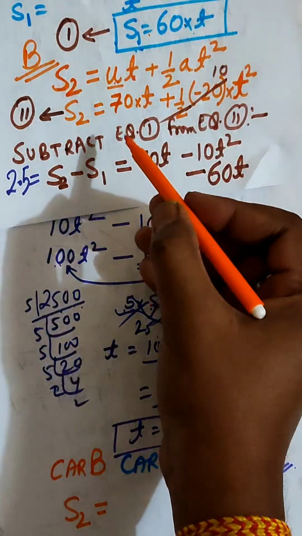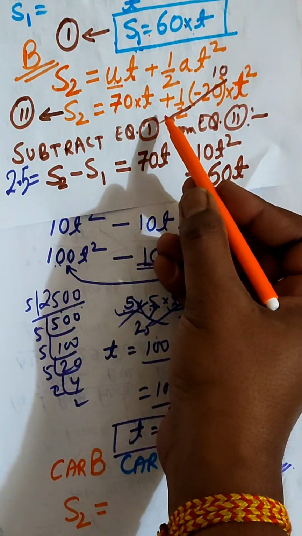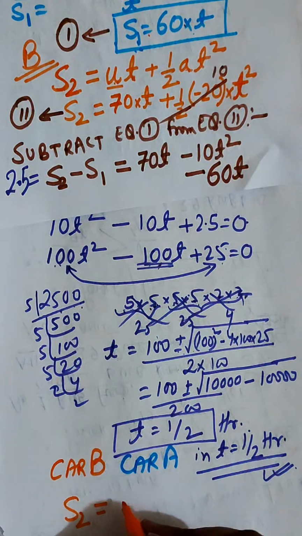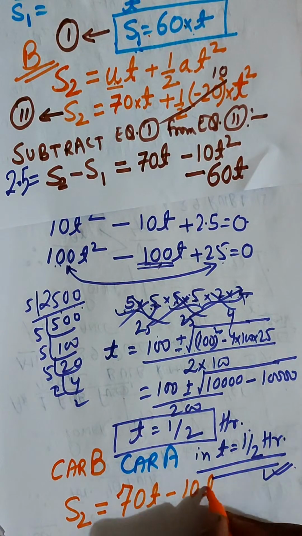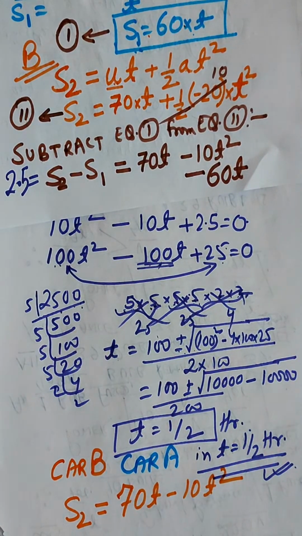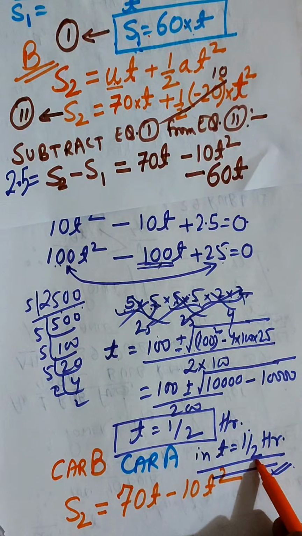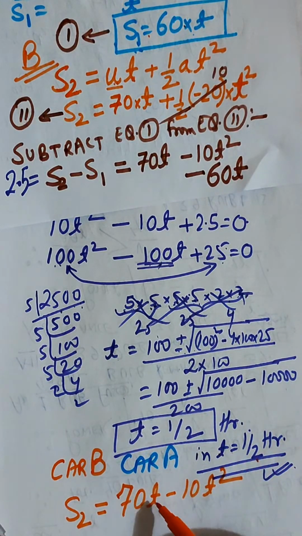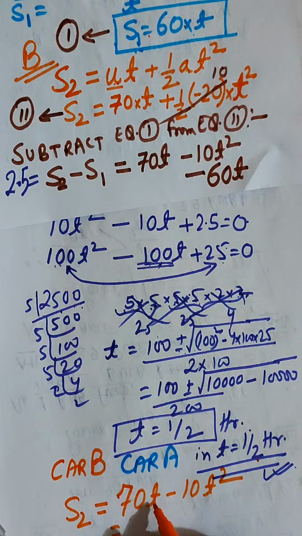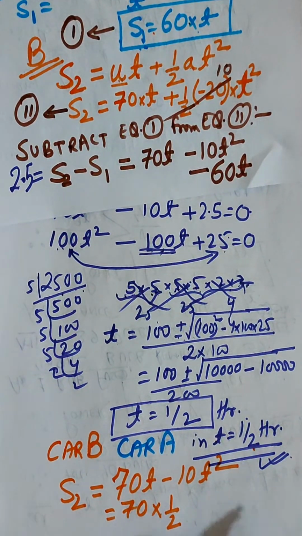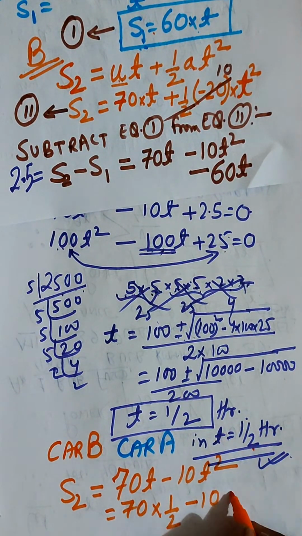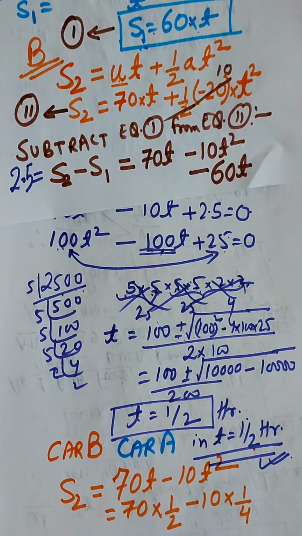So simple. S2 is what? You can see S2 is 70t minus 10t square. Just put the value of t of half hour over here, and you'll get the value of S2. This will be coming as 70 into t, t will be 1 by 2, minus 10 into 1 by 2 whole square, that will be coming as 1 by 4, right?